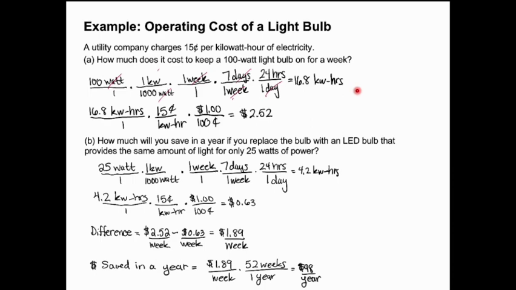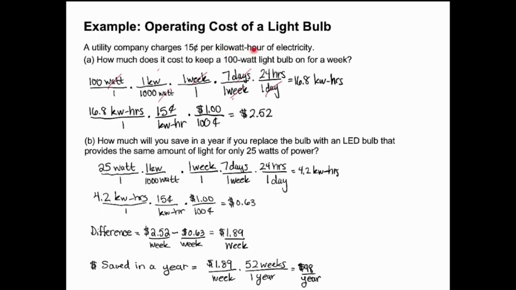So in order to find the cost of running a 100-watt light bulb for a week, we need to determine the amount of energy used, because cost is determined by the amount of energy. And we also need to take into consideration that we're thinking about this in terms of a week. To find kilowatt hours, we need to find kilowatts and multiply it by the number of hours.